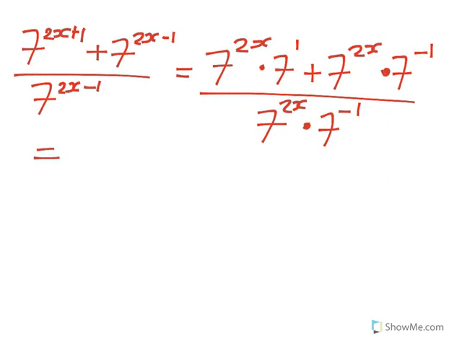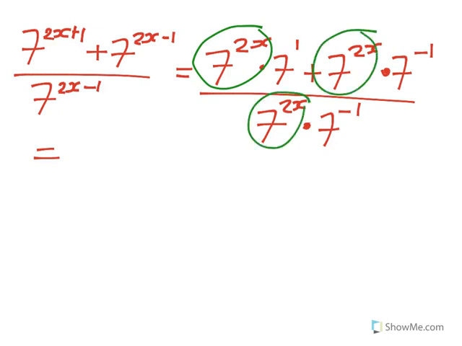This is equal to, now look carefully, you will see that you have now 7 to x, 7 to x, 7 to x, and you also have a plus sign. So what do you do? You factorize 7 to x.